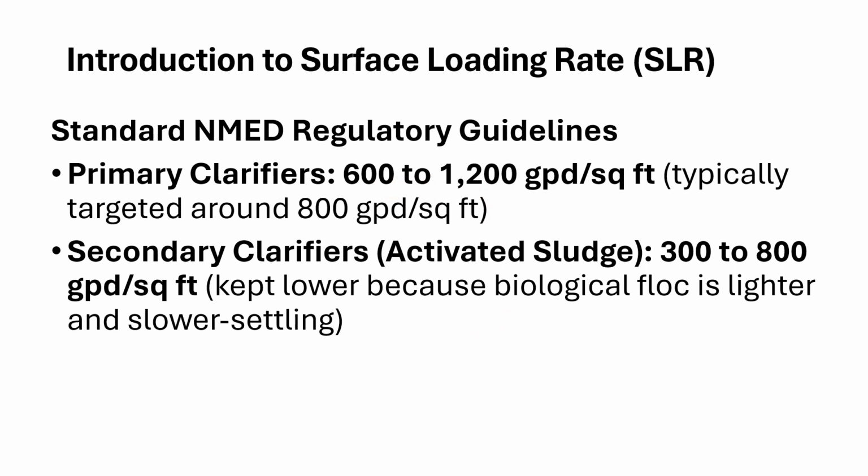It's even lower for a secondary clarifier with activated sludge. Recall the primary clarifier, our sludge is raw sludge or primary sludge. Secondary clarifier is biologically active sludge, where we have microbes in there that we've set up to metabolize that waste in the sludge blanket. Okay. Well, for a secondary clarifier, we want it lower because, as we talked about in the last lecture in this module, that biological flock is like a snowflake, a heavier brownish snowflake coming together.